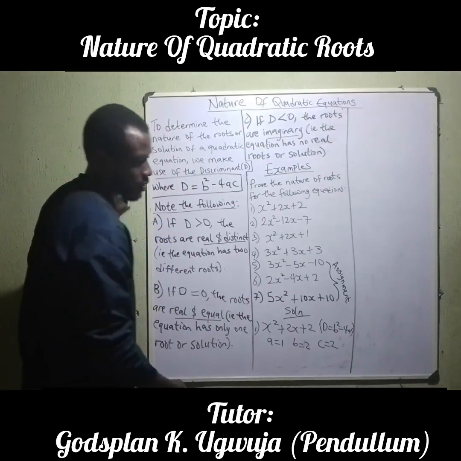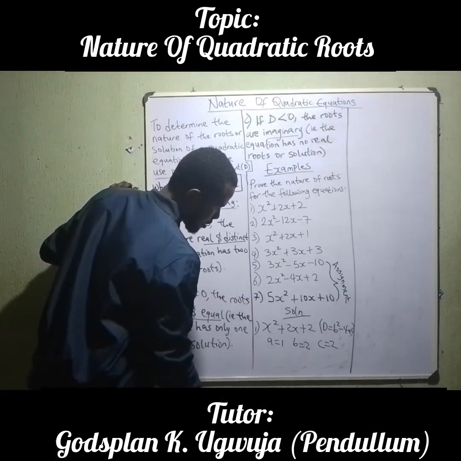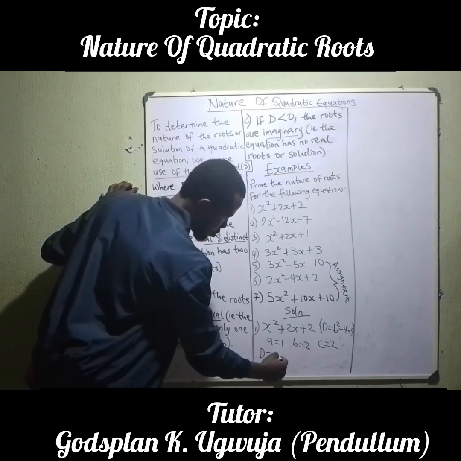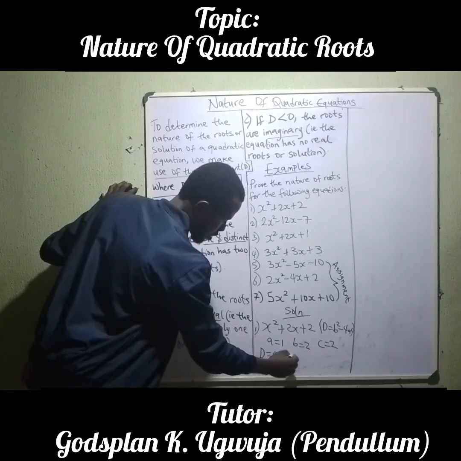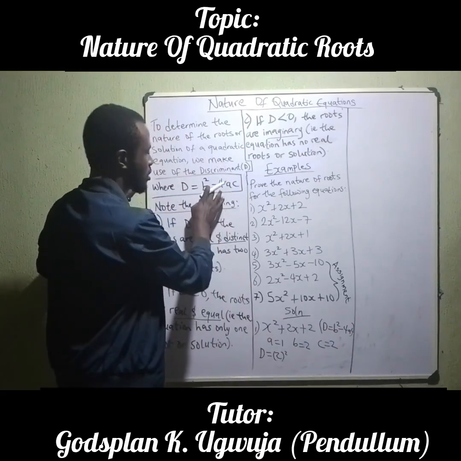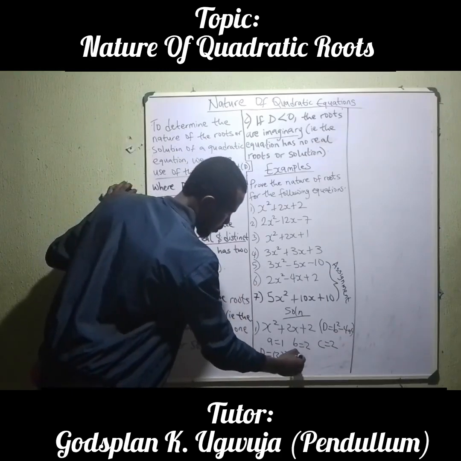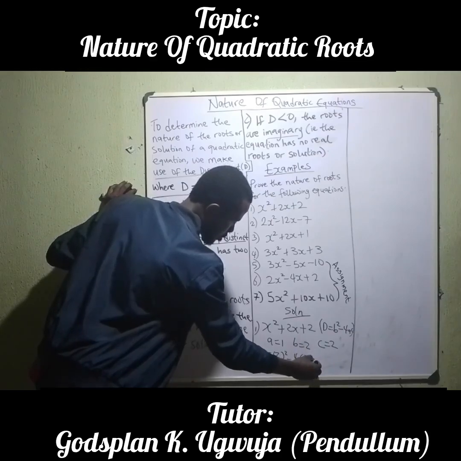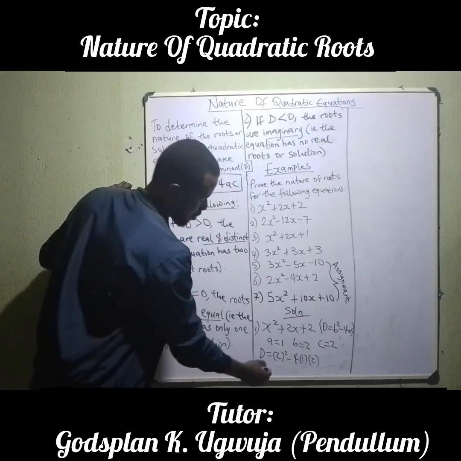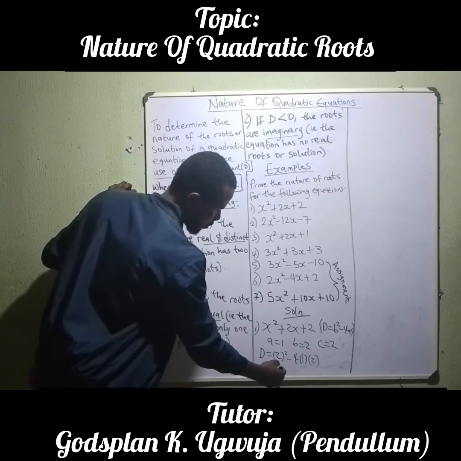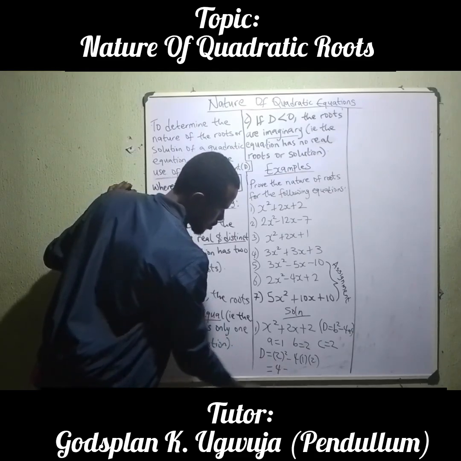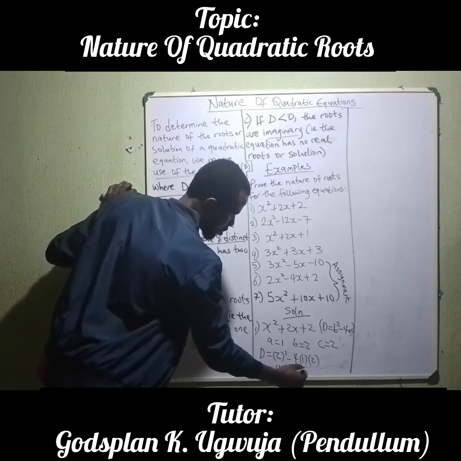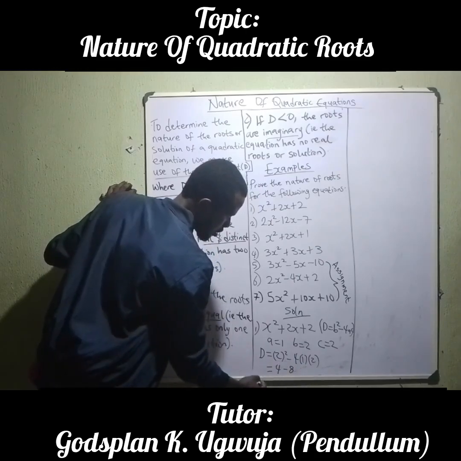If I put into that formula, I'm going to get that d is equal to b, which is 2 squared, minus 4 times our a, which is 1, and our c, which is 2. If I multiply this out, 2 squared is 4, minus 4 times 1 is 4, 4 times 2 is 8.